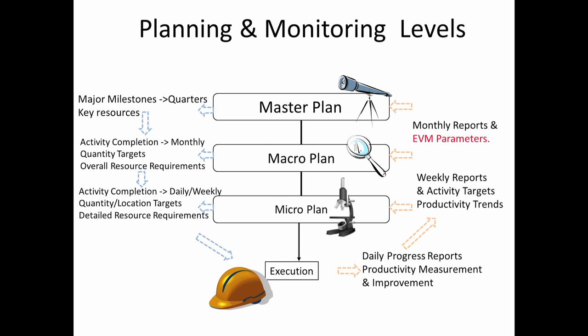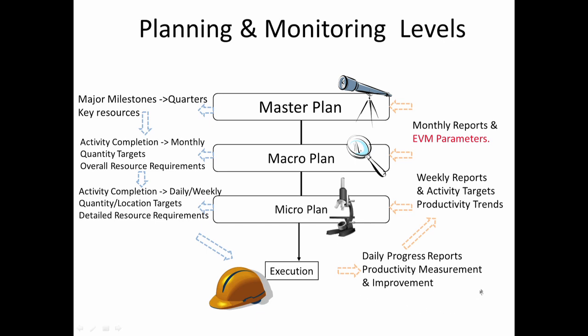Now, when we go back to the previous lecture, this was a very comprehensive slide which showed both the planning and monitoring levels, and we looked at several of the planning issues that came through the master plan, macro plan, micro plan. We talked about how execution relies on these plans, and then the feedback comes from execution through the daily progress reports, productivity measurement.